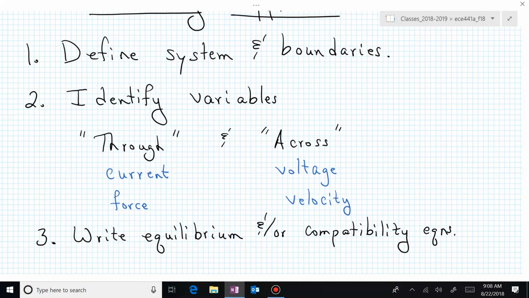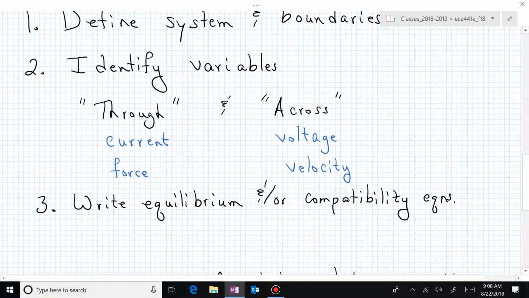In the mechanical analog, you can select the force to be a through variable and the velocity to be across, and that makes your analogy between electrical and mechanical seem a little more diagrammatically consistent. You can flip-flop which one you use for through and across in a mechanical system, but I prefer to use force as the through and velocity as the across.